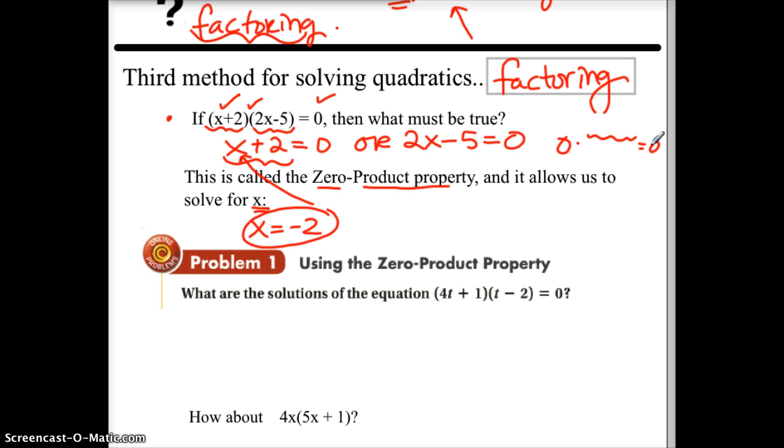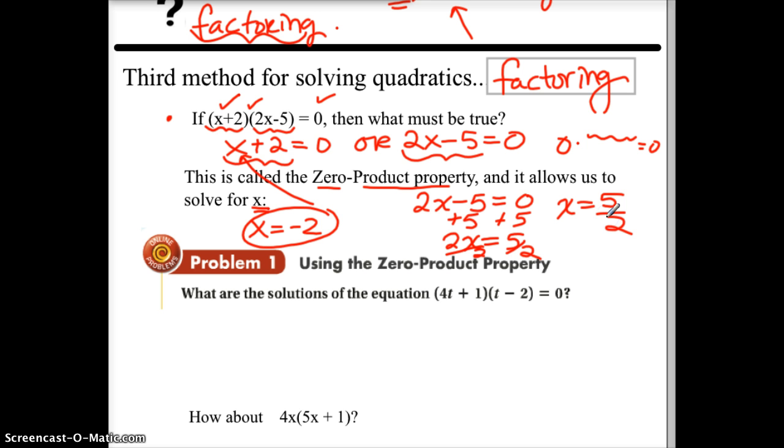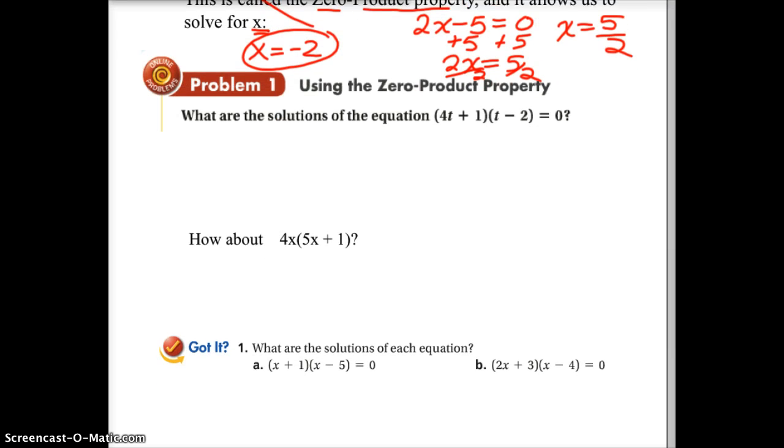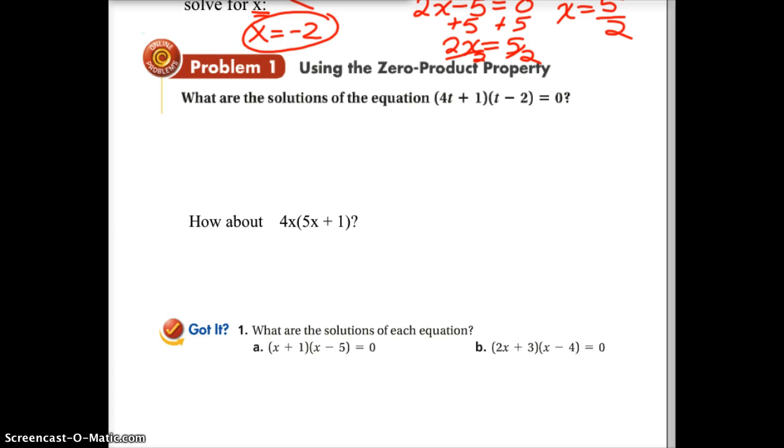Well, if the first piece isn't 0, then the second piece has to be. So we solve that, and we just use our linear algebra to balance the equations here, and I get 2x is equal to 5, and I divide by 2, and I get x is equal to 5 halves. So what that allows me to do is figure out the answers without graphing and without using square roots.